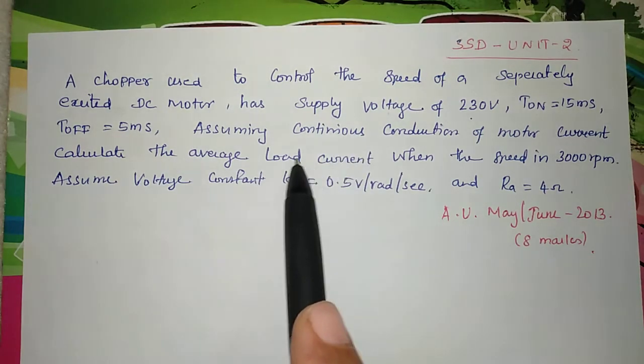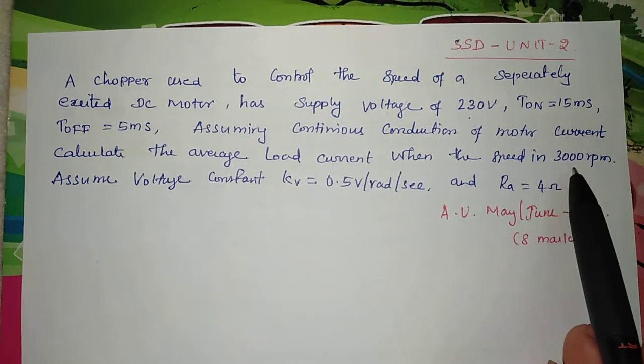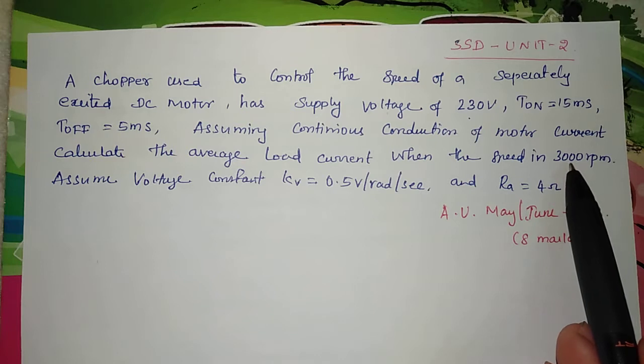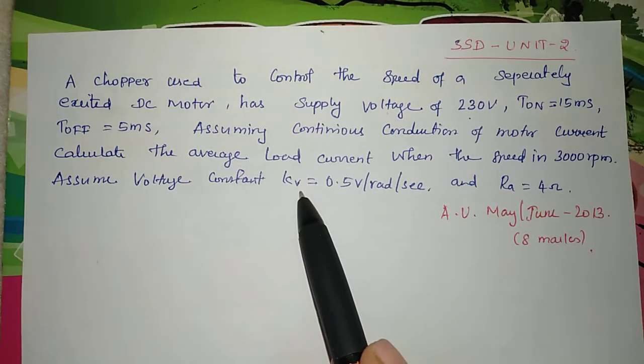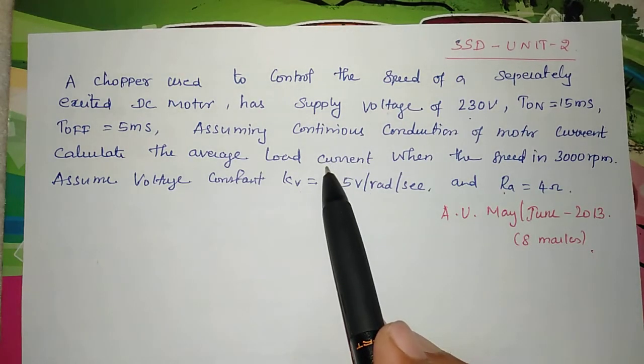That current should be identified at 3000 RPM. So in order to run at 3000 RPM, how much current is required? That is the question. For that we need our voltage constant and armature resistance.